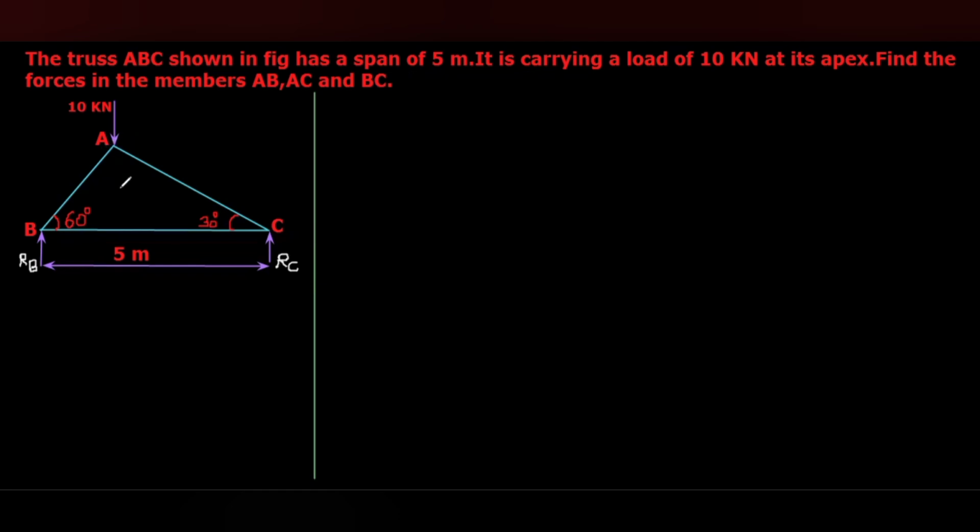Here, the 10 kilonewton is considered to be acting at point A. But as per the principle of transmissibility, we can consider the line of action of the force 10 kilonewton which is acting at point A. That means the line of action of the force along which the 10 kilonewton is going to act.